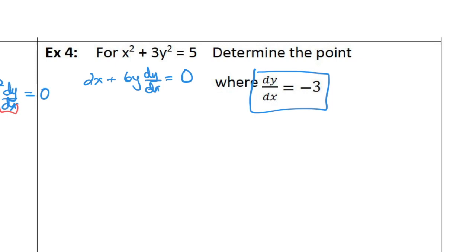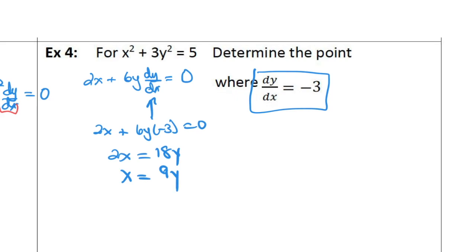We're told that dy/dx is negative 3. So I'm going to fill negative 3 in for dy/dx. We get 2x plus 6y times negative 3 is 0. Or we know that 2x equals 18y. Do a little division. x is 9y. All right, so we know that when dy/dx equals negative 3, x is 9y.